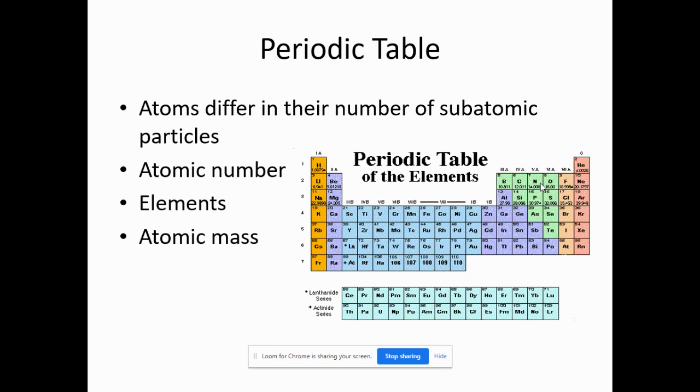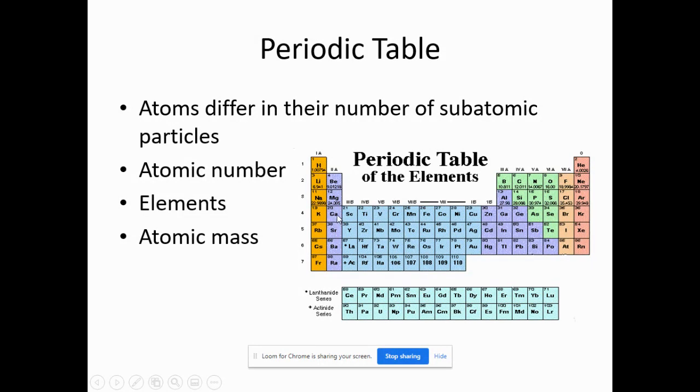It would be helpful to go ahead and know the symbols for carbon, nitrogen, hydrogen, oxygen, sodium, which is Na, potassium, which is K, and calcium, which is Ca, right here.